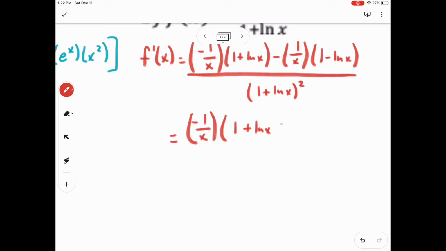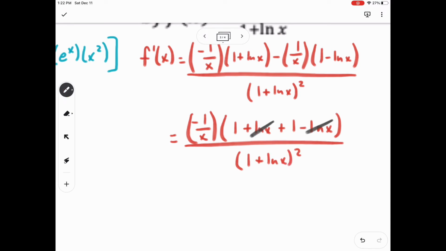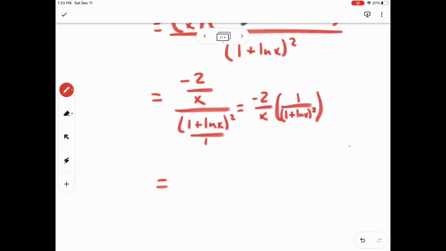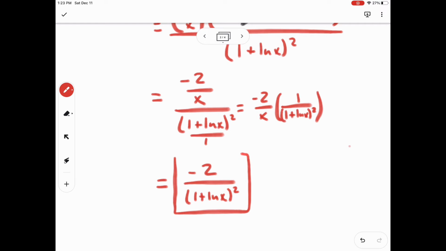Then once I see that I have a negative 1 divided by x in common, I factor that out. And then there's a common ln of x in both of those, and there's 1 plus 1. That gets me 2, so I can multiply that to that fraction. Gets me negative 2 divided by x. Then I choose to multiply by the reciprocal, and then that gets me my final answer there, which is a very simple answer too.